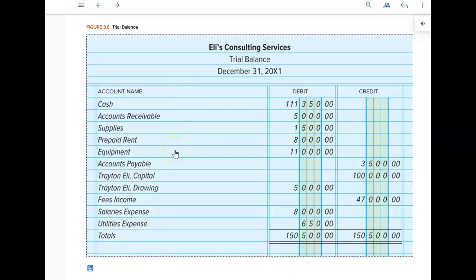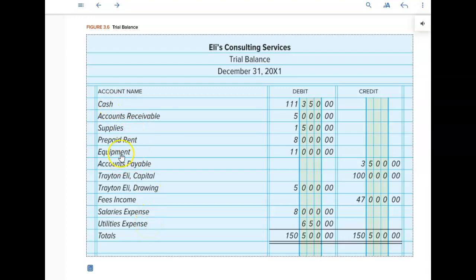After the three-line heading, a trial balance should list all of their accounts with their debit or credit balances. Notice that a properly written trial balance follows the order of the accounting equation. Assets are listed first, followed by liabilities, then capital, then drawing, then income accounts, and last would be the expense accounts.